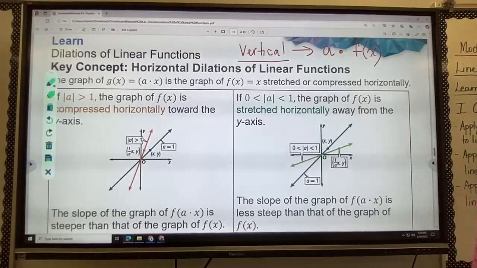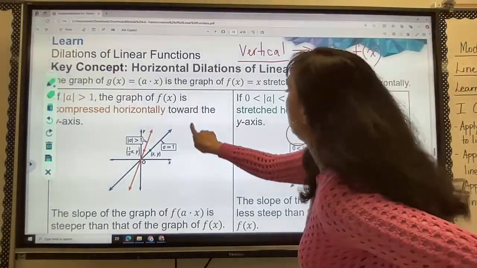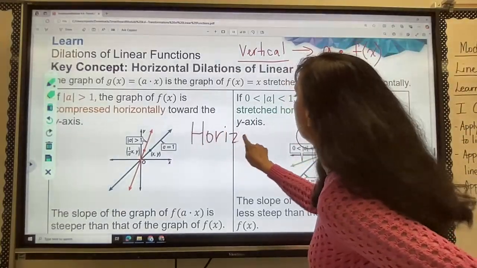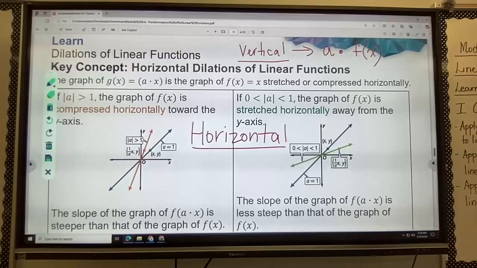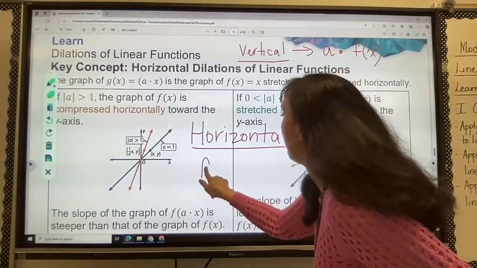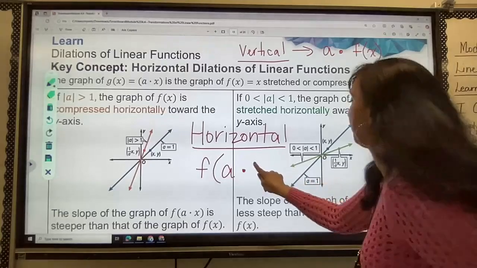And then let's look at our horizontal dilation. When x is multiplied by a positive constant a before a linear function f of x is evaluated, here is the result. For horizontal dilation, we are going to do f of a times x.